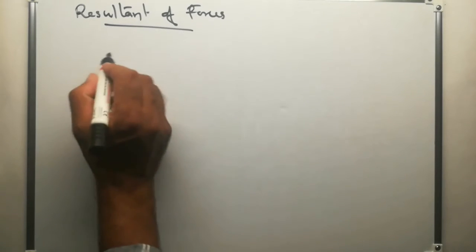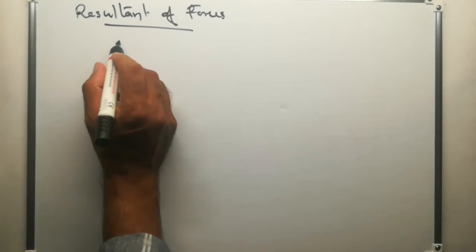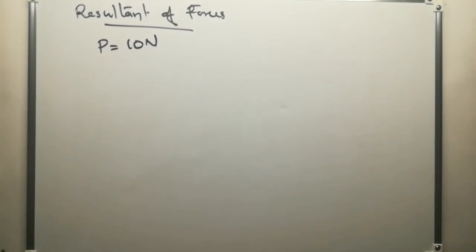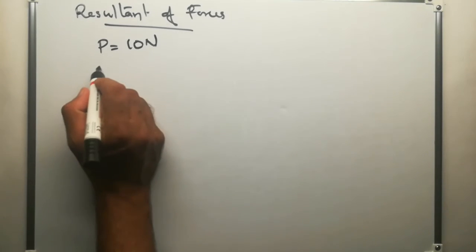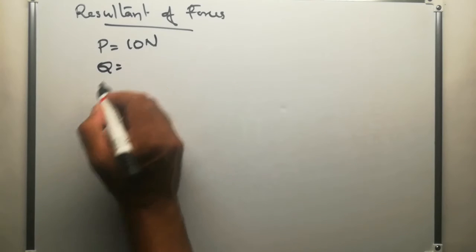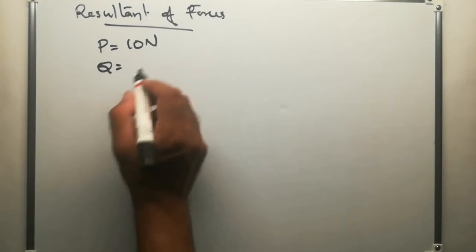So we have two forces. One is 10 Newton. Let us denote it by P equal to 10 Newton. And we have another force Q, but its value is not given. We have to find it out.